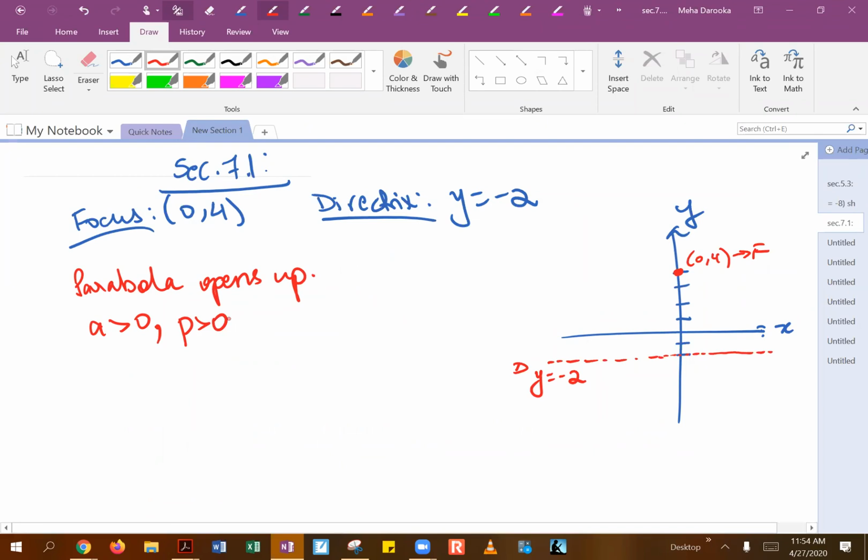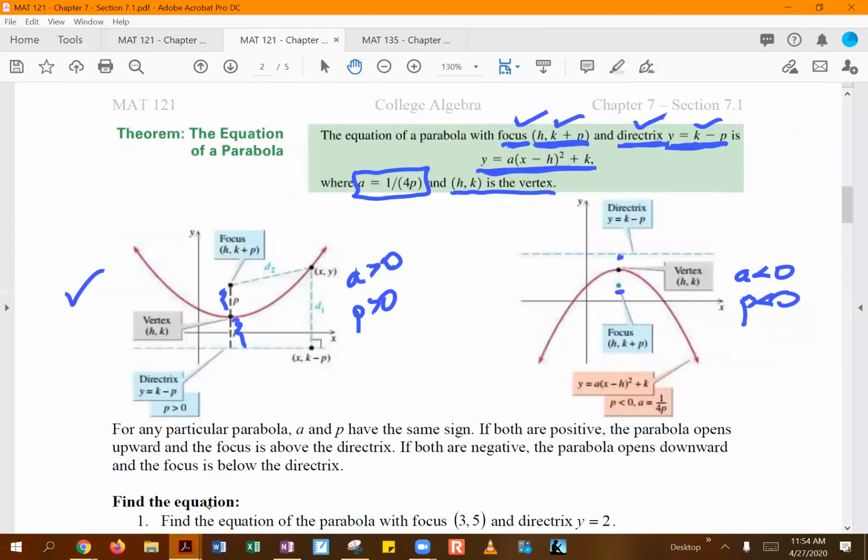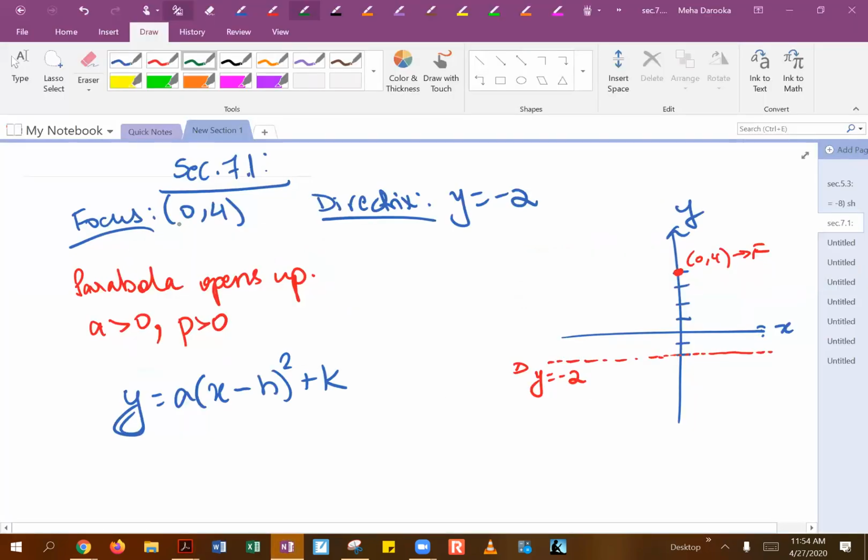So to find the equation of the parabola, we need the A value, the H, and the K. The other thing that will help to remember is our focus is defined as H comma K plus P. Directrix is defined as Y equals K minus P.